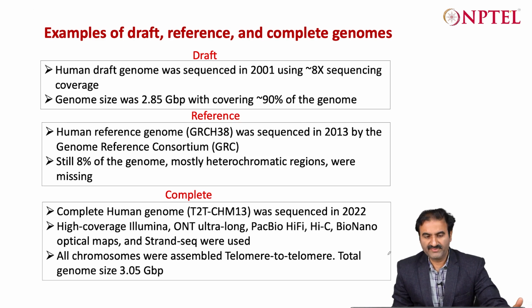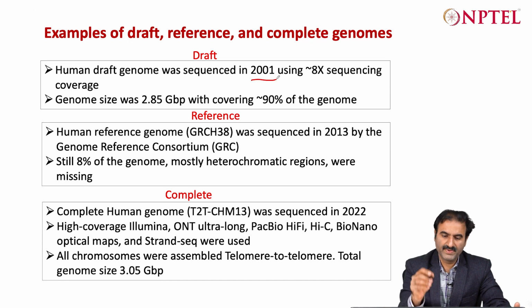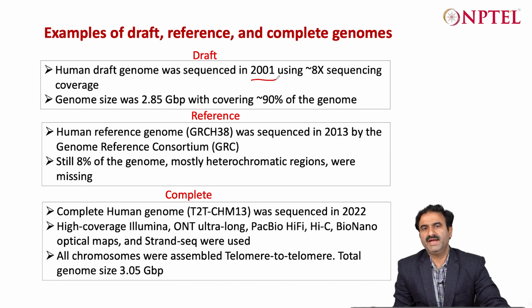A good example is the human genome. The first draft came in 2001. That was only 8x sequencing data using Sanger reads, which are 800 to 1000 base pairs.